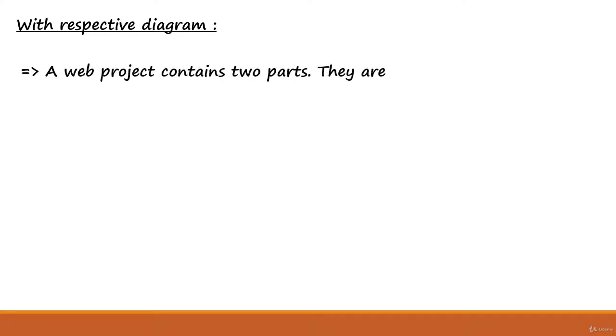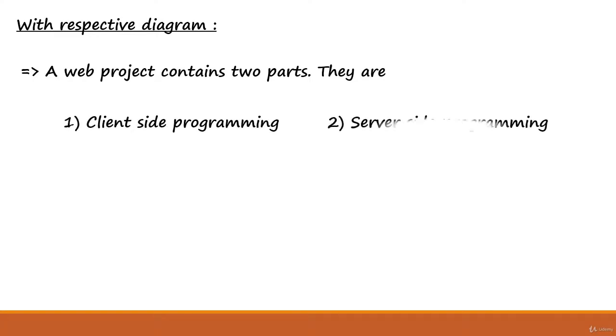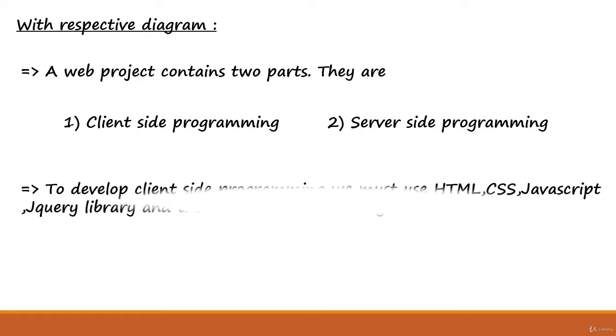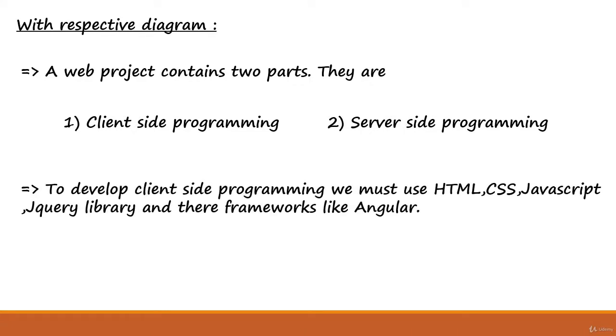A web project contains two parts, client-side programming and server-side programming. To develop client-side programming, we must use HTML, CSS and JavaScript or the jQuery library. The jQuery library is developed by using JavaScript, along with frameworks like Angular or React.